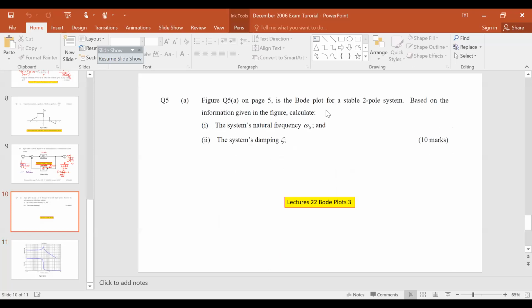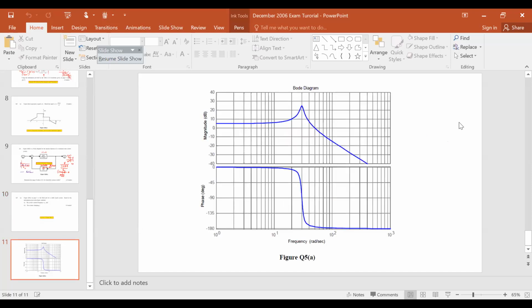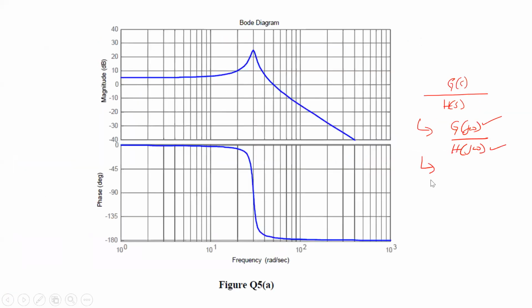You're given a stable system and you're asked to calculate what the natural frequency is and what the system damping is. So if you're looking at this now, already you know from what we just did here, this straight line part, let me just zoom in a little bit, right?